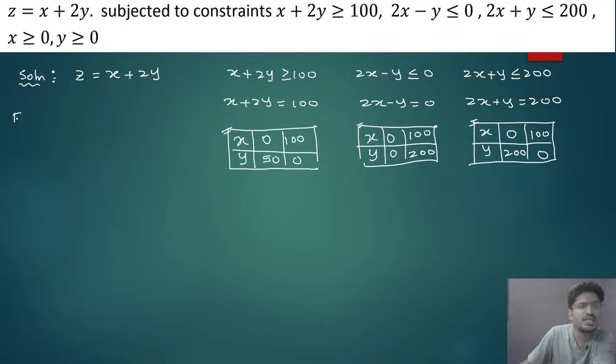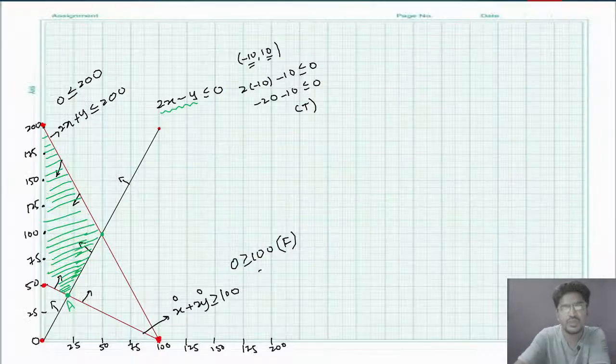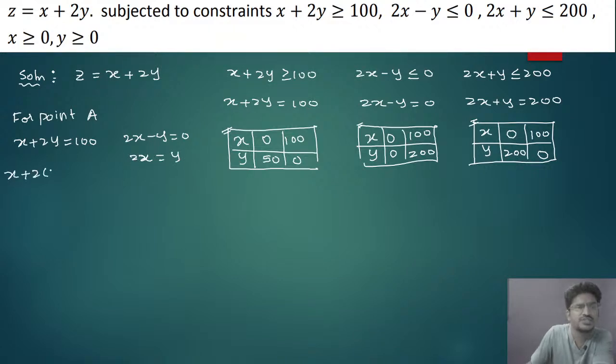For point A, you can see that x plus 2y equals 100. Another equation is 2x minus y equals 0. So we have to solve these two equations. Here you can see 2x equals y. So in the place of y you can write 2x: x plus 2 into 2x equals 100.